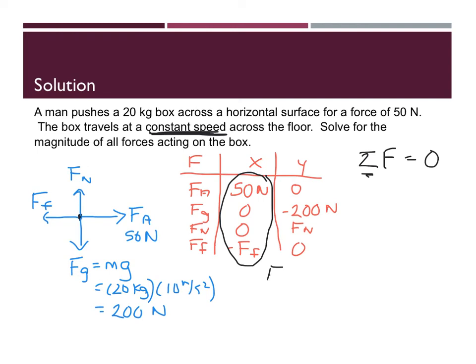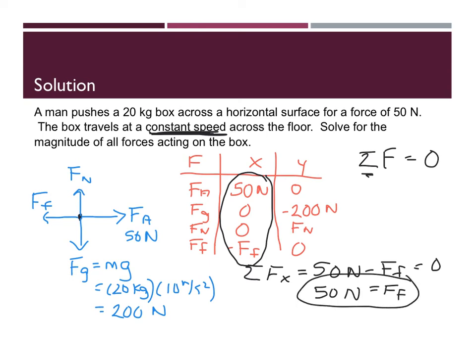So the sum of the forces in the x direction are going to be the 50 newtons from the applied force minus the force of friction, and we set this sum equal to 0 according to Newton's first law. So I know 50 newtons minus the force of friction equals 0. So therefore, 50 newtons is my force of friction. We're going to do the same thing for the y direction.